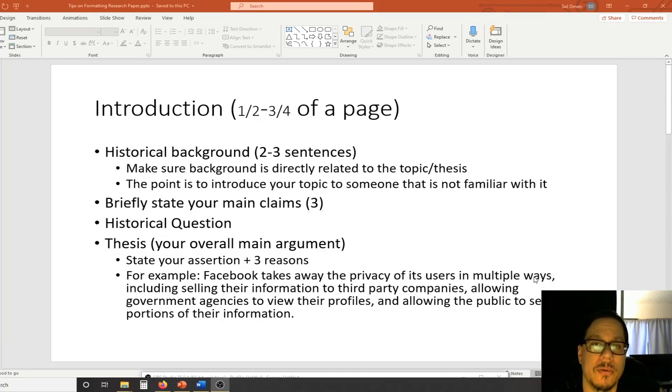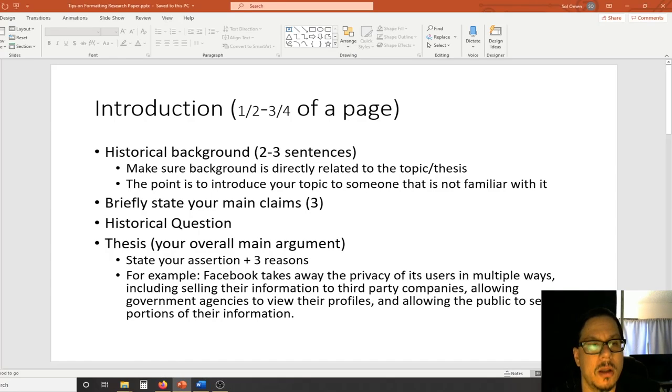That's what I'm trying to prove. And then I have 3 supporting reasons that support that assertion, right? Including the selling of their information to third-party companies. That's 1. Allowing government agencies to view their profiles. There's 2. And allowing the public to see portions of their information. That's 3. So that's my 3 supporting reasons that prove my assertion that Facebook is taking away the privacy of its users in multiple ways.